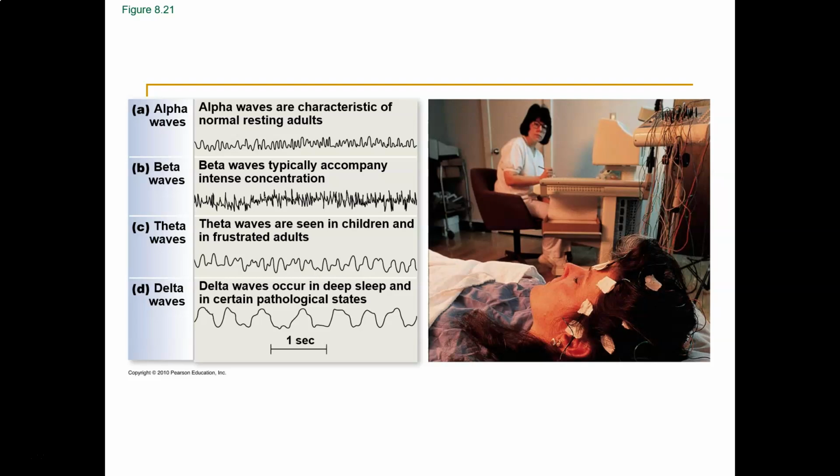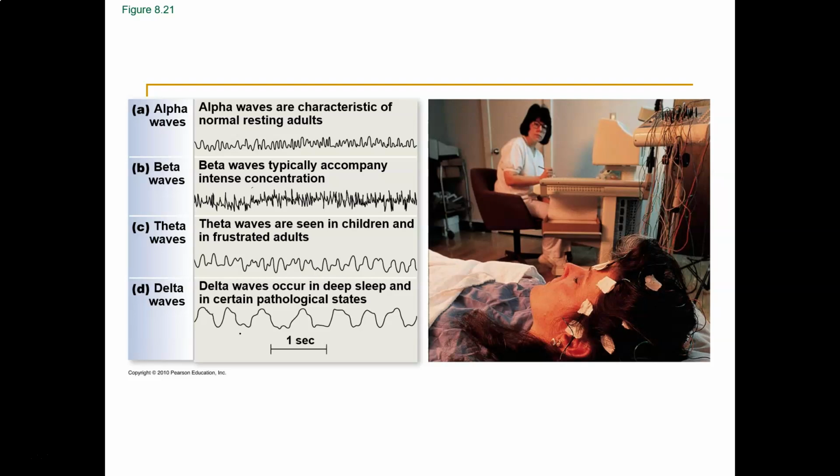So you have lots of brain activity going on. Theta wave activity is common in children, but in adults is mainly connected with frustration. So I don't really know what that's saying about children and frustrated adults, but that's called theta wave activity. And then delta waves are associated with deep sleep.